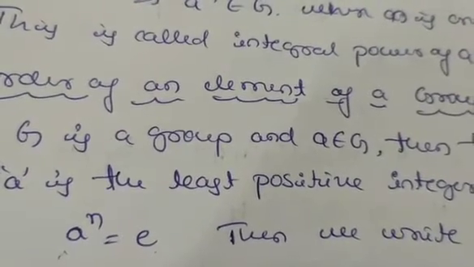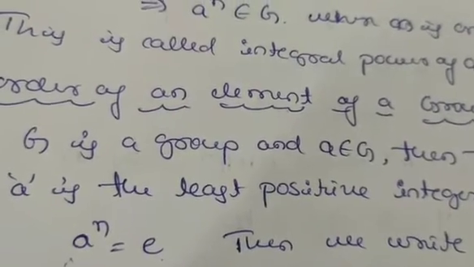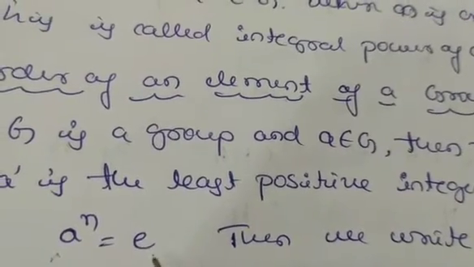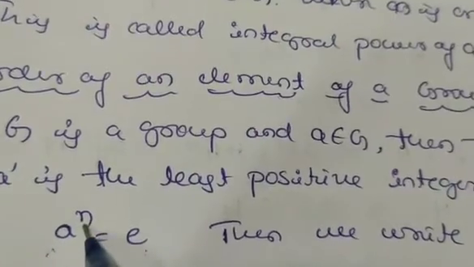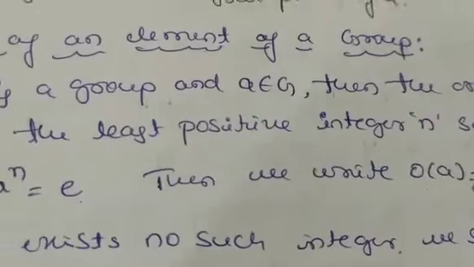If you raise the power of an element a number of times and get the identity element, then we say N is the order of the element A, written as order of A.